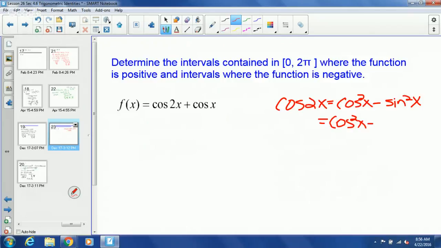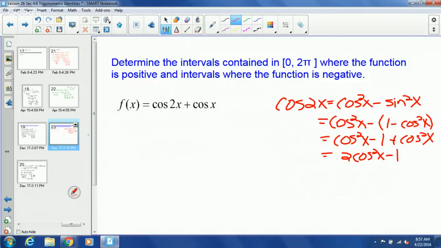And what can I change that to in terms of cosine? Okay, good. Well, let's distribute that. And then the last thing I can say, that's just going to be what? 2 cosine squared of x minus 1.